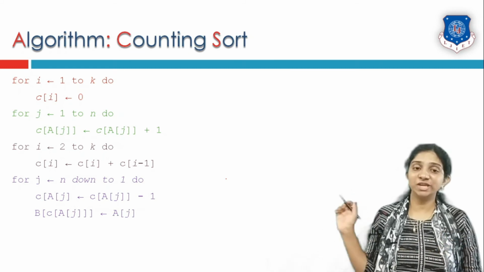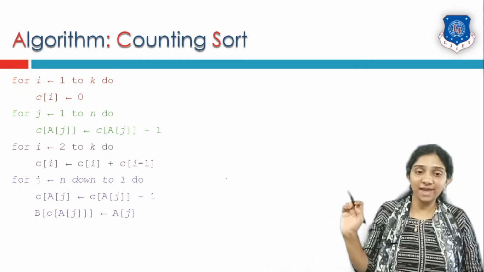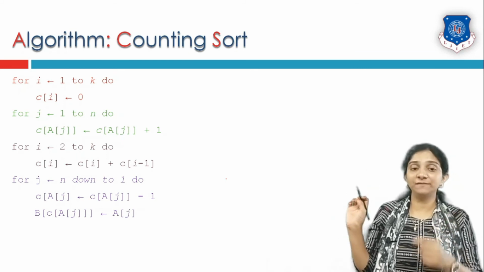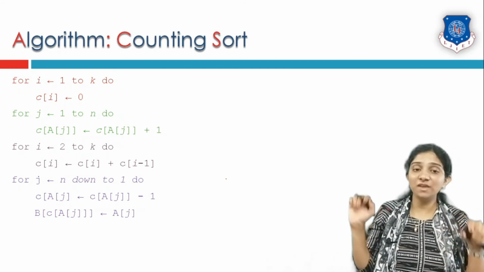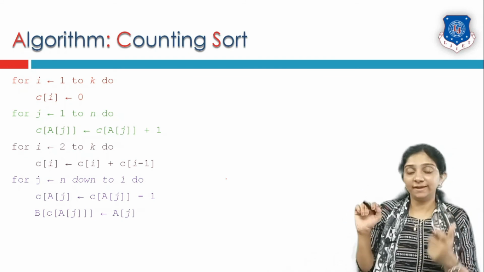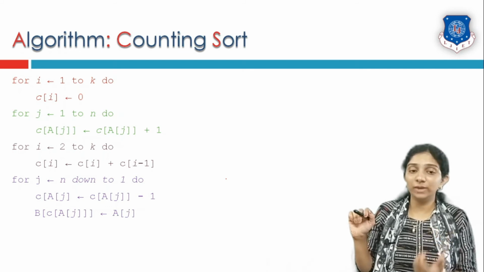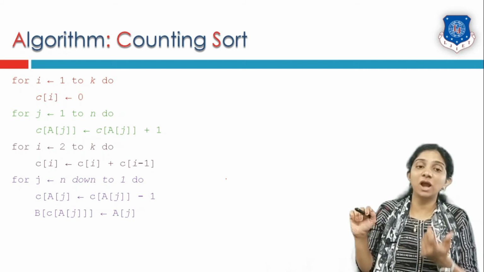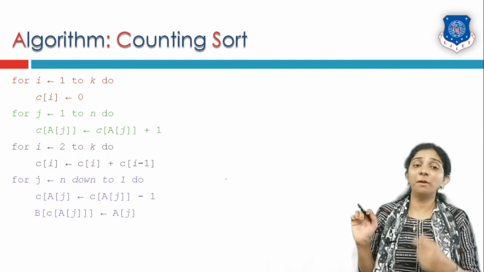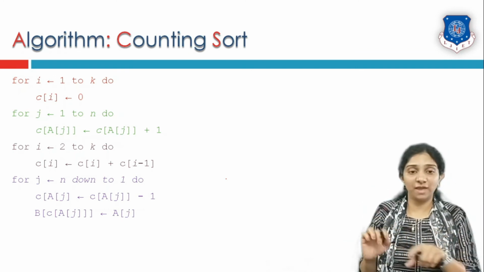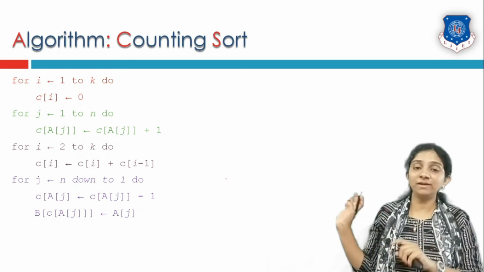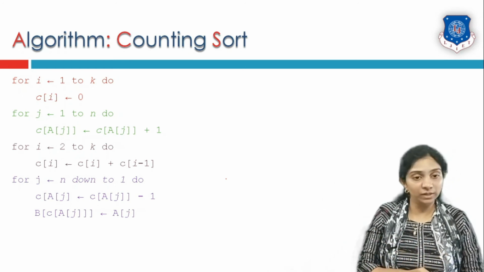Remember, j is an index of array A, which gives an element which becomes an index of the count array. That's why we write C of A of j. But at that location, whatever the count present at C will become an index of B. That's why we write B of C of A of j. The element A of j will be stored at that particular location.